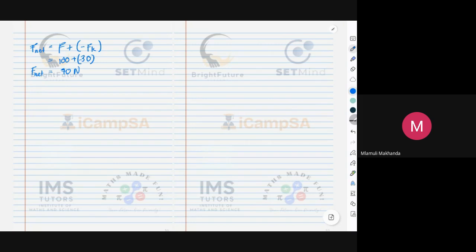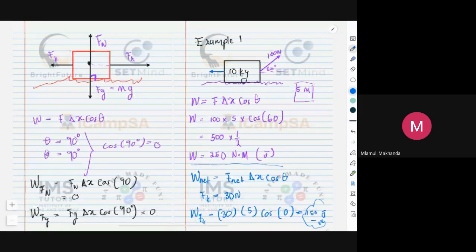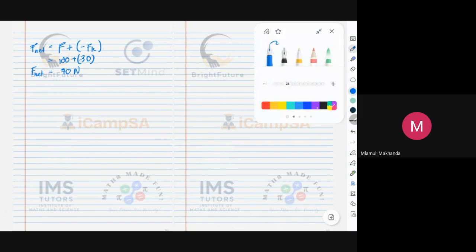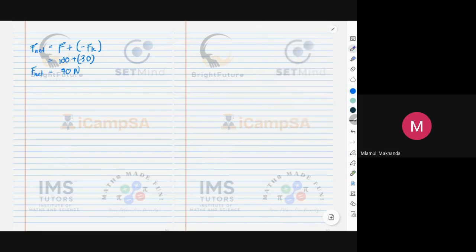So I want to show you two ways. Here you've got work done by friction and work done by the force. If we were to use that, net work equals work done by the applied force plus minus work done by friction.